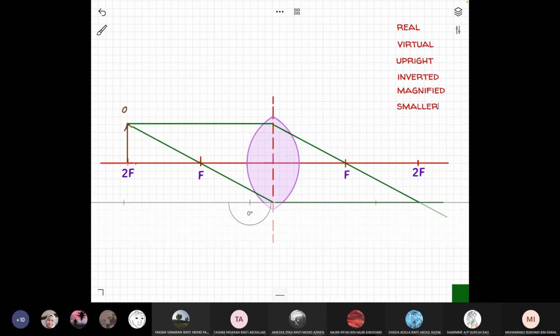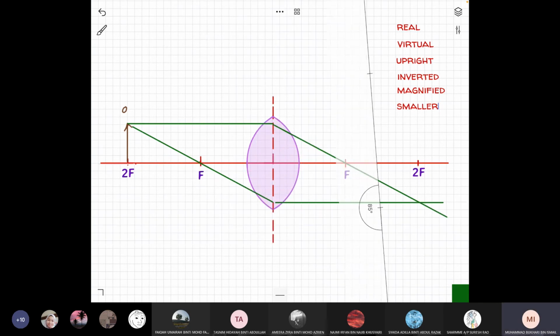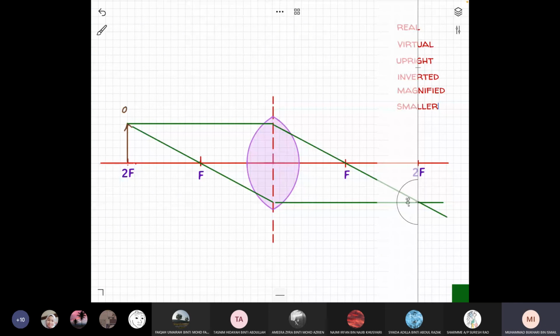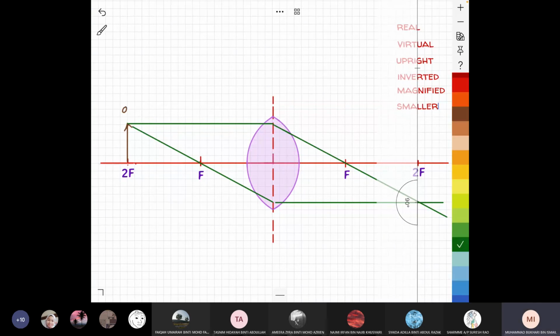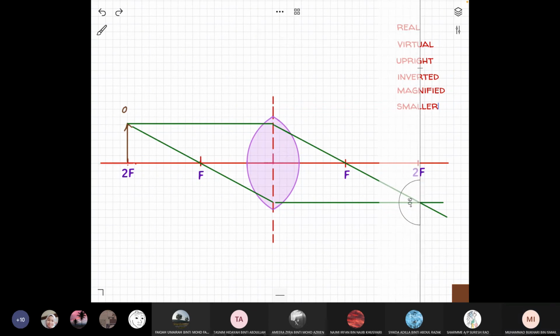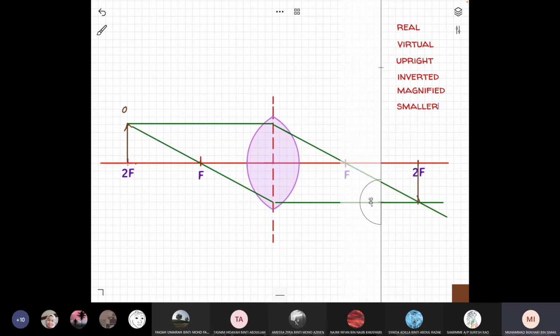Now you can see here we have an intersection of the two lines, and it should be exactly on 2F. Here is the intersection.